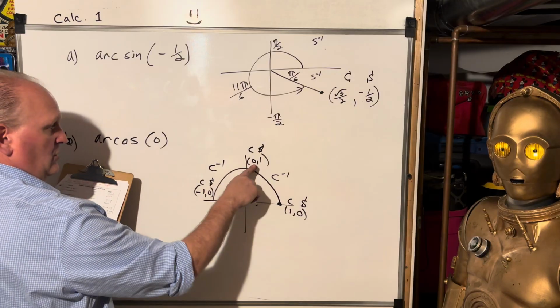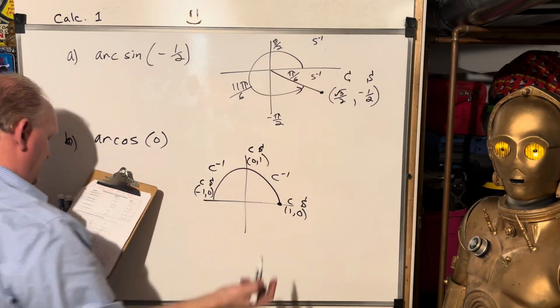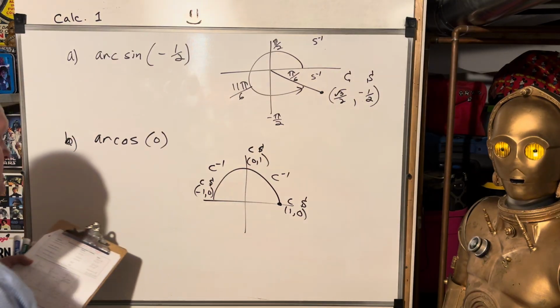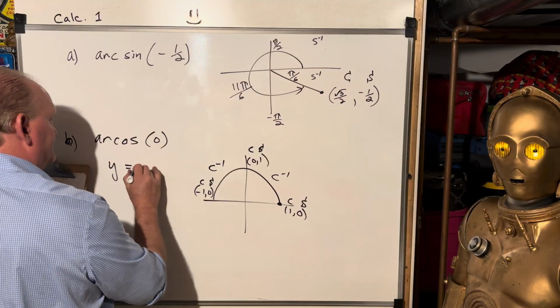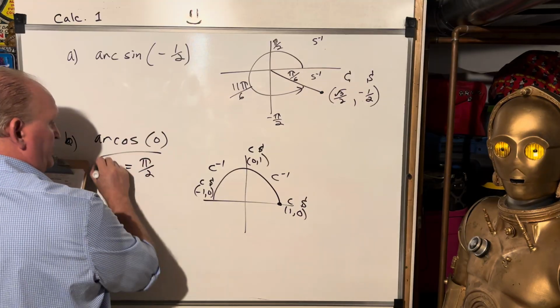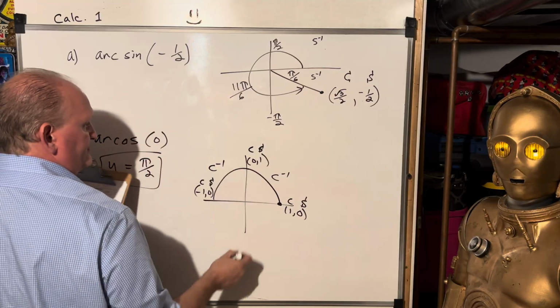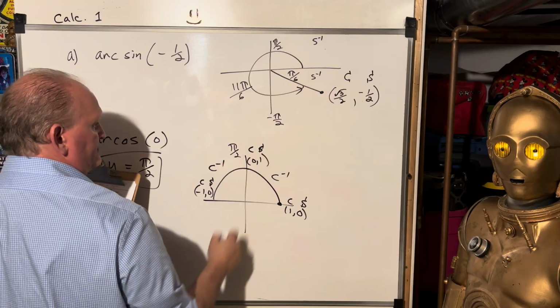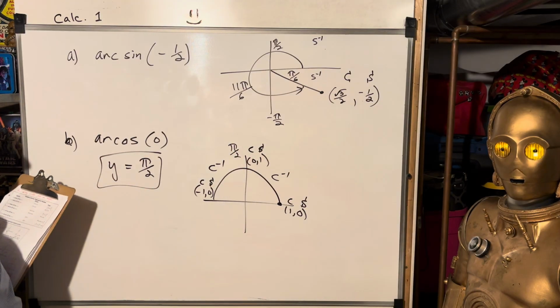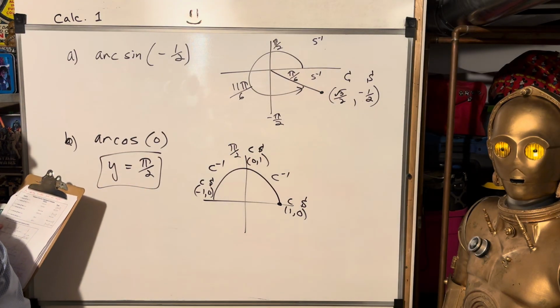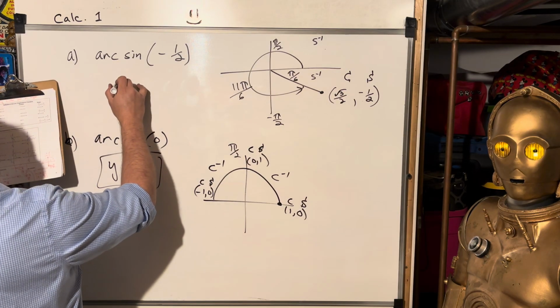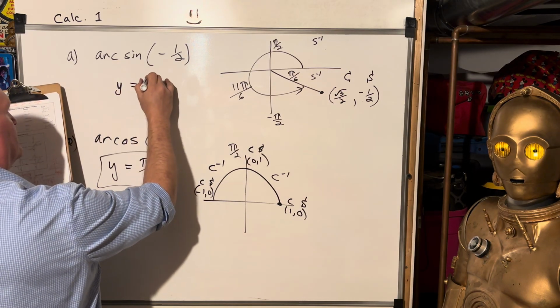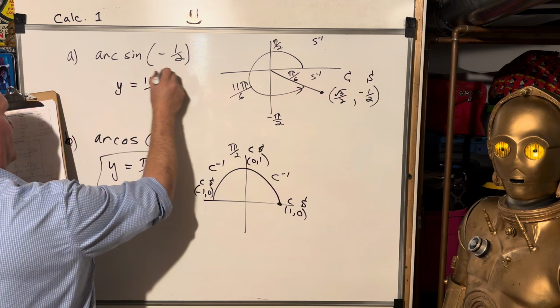So when is the cosine 0? Then that's going to be 90 degrees, or pi over 2. Oh, and I should have said on this one equals 11 pi over 6.